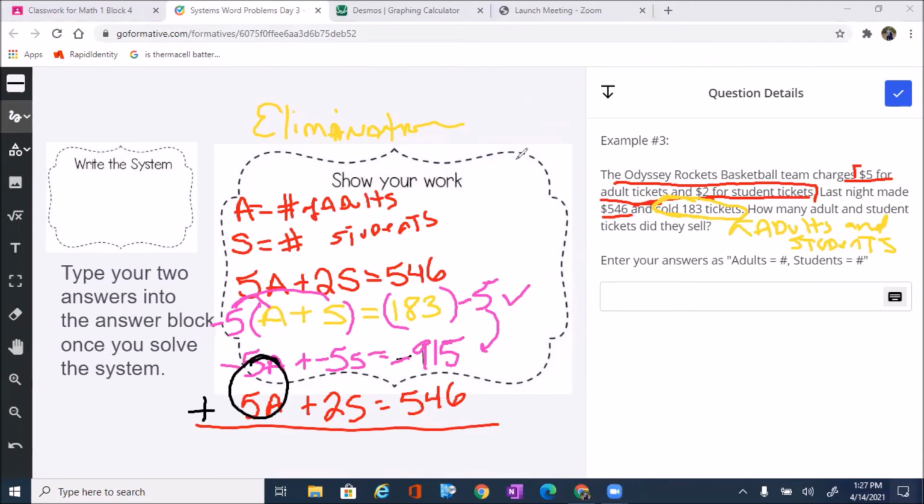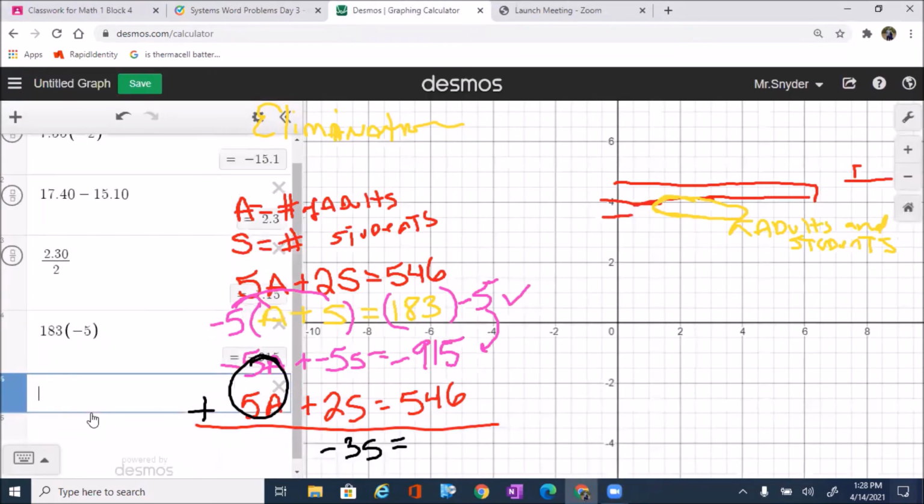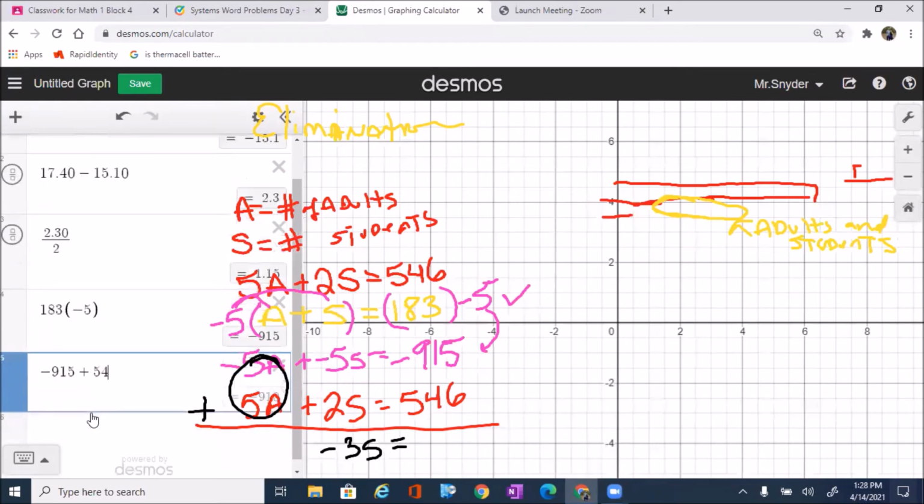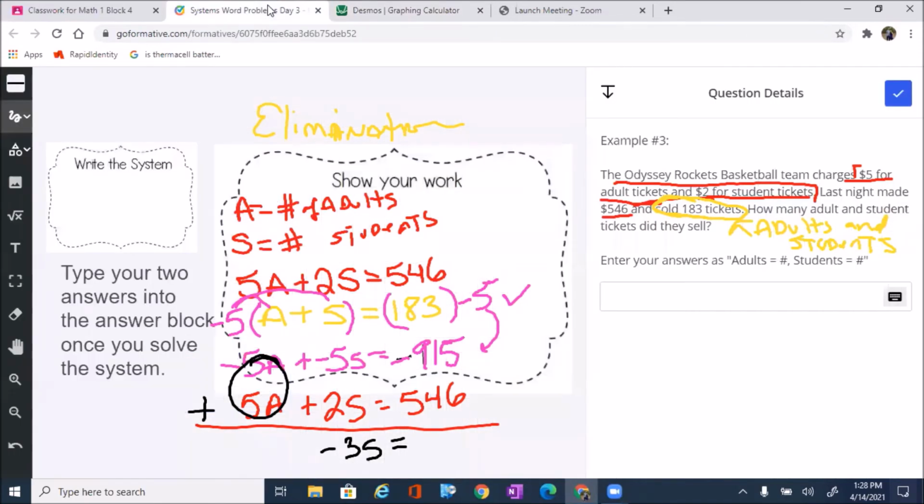These subtract, making 0 because they're inverses of each other. -5s plus 2s is -3s equals -915 plus 546, which is going to give us negative 369. So negative 369. Okay.